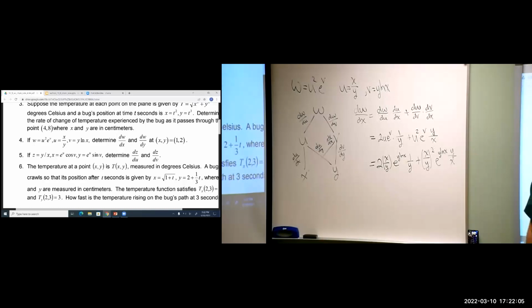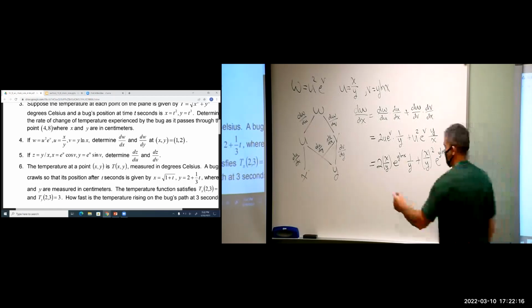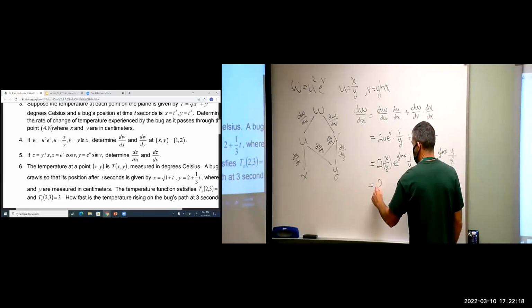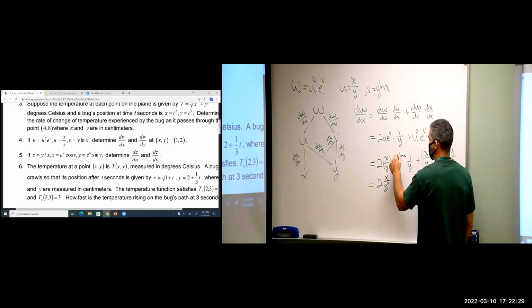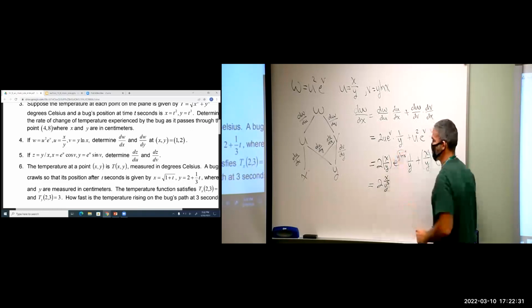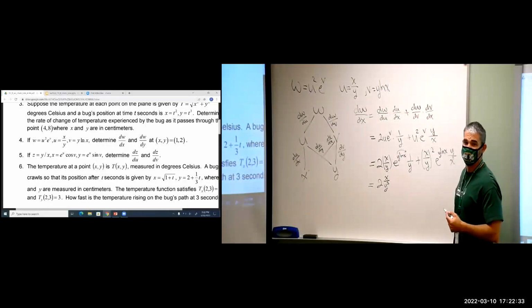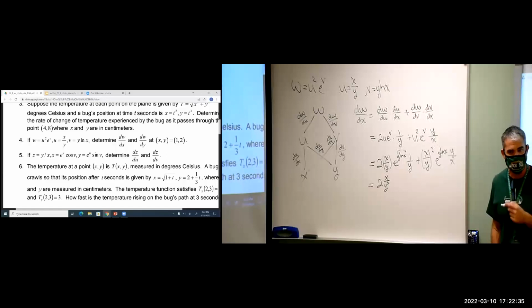Now, this particular problem asks us to evaluate it at the point (1, 2). So let's see if we can simplify it a little bit and then plug that in just to see what we get. So this is 2. There's not much we can do here, but we can multiply those y's together. So x over y squared, e to the ln of x. We can bring that y up to the exponent, so e to the ln of x to the y is x to the y.